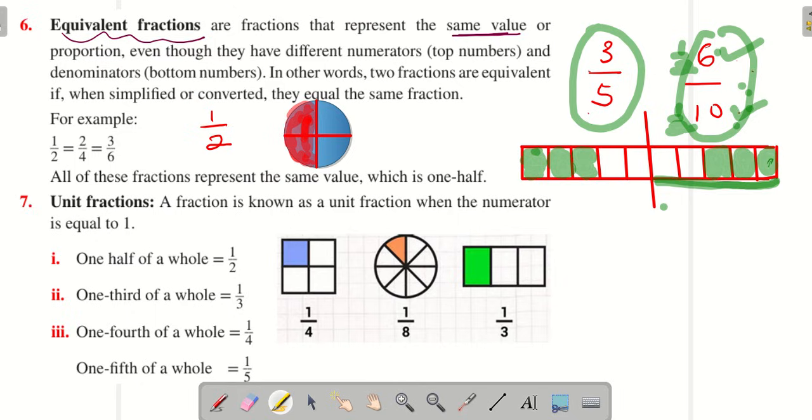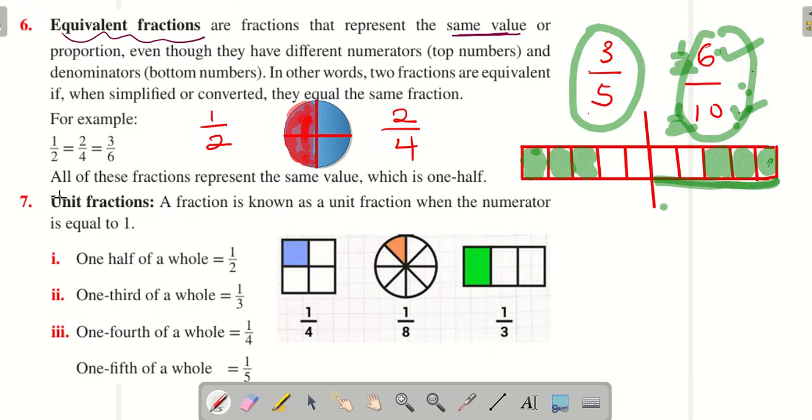So we are saying that 1 over 2 has now become 2 parts of the 4 divisions. So 1 over 2 and 2 over 4 are basically the same fraction, and that is an equivalent fraction. So let's look at this.